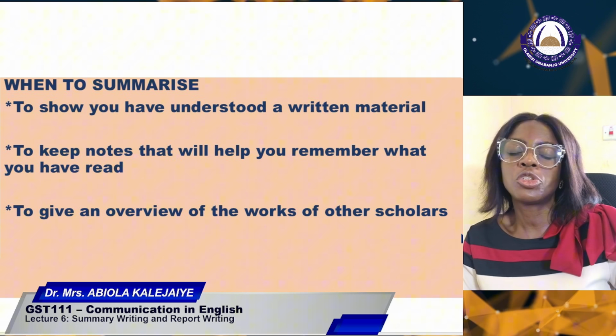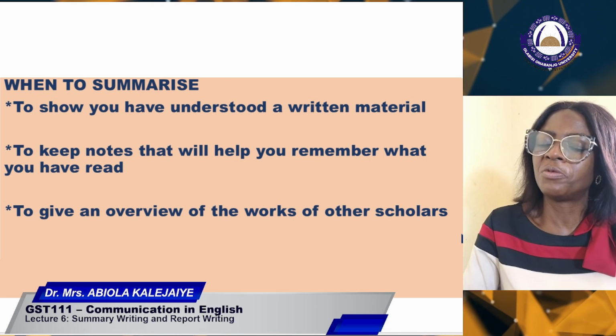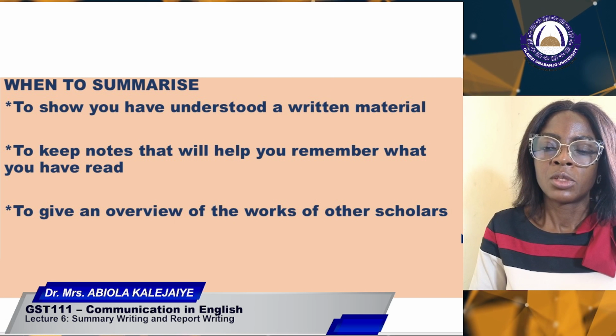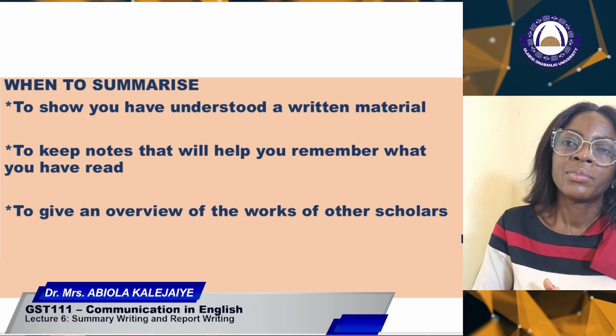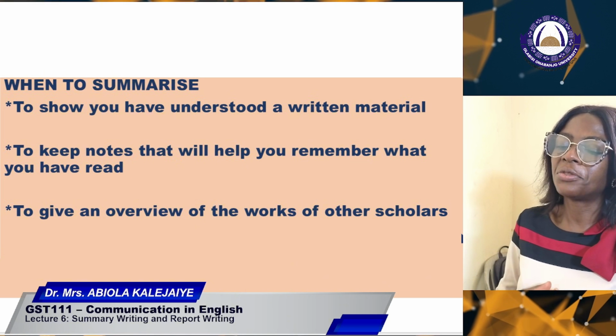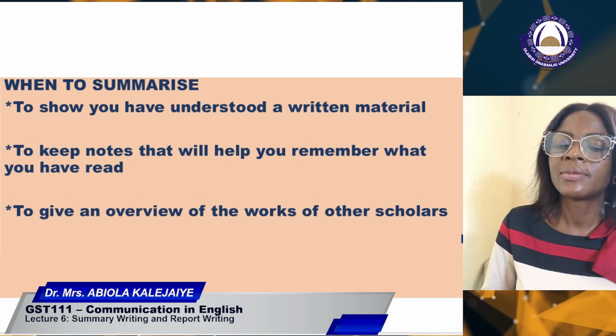So when you want to read, you will have positions of different scholars about a single subject. So it's not possible that everybody will see something in the same way. A scholar can define prose as a continuous writing.